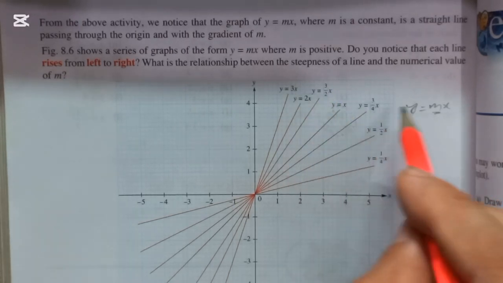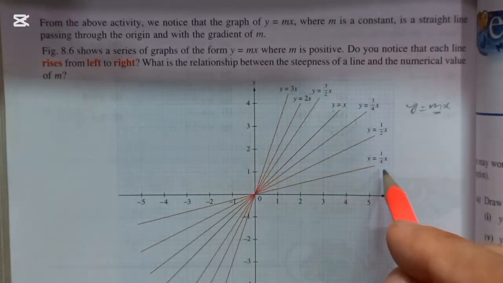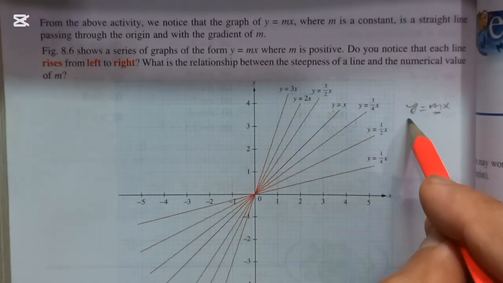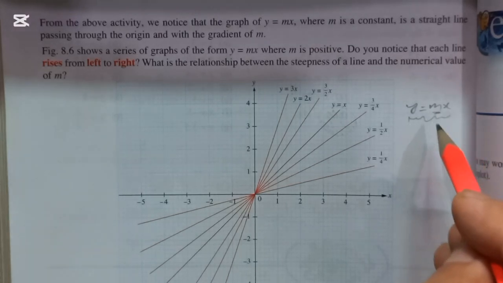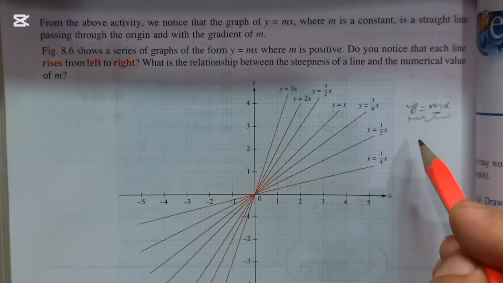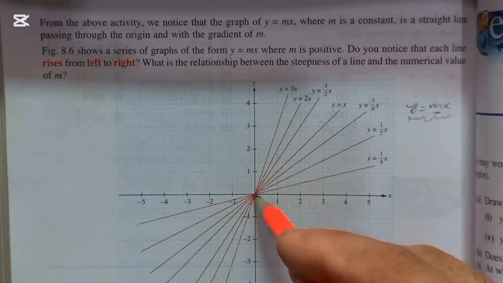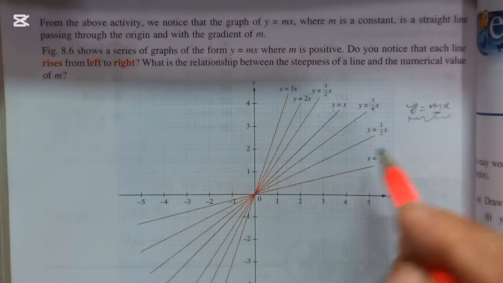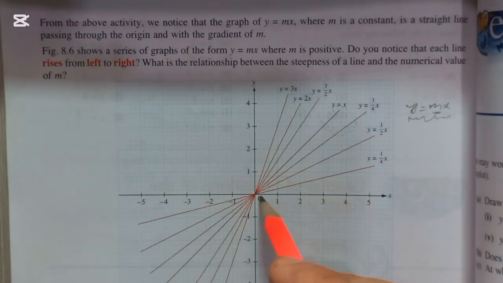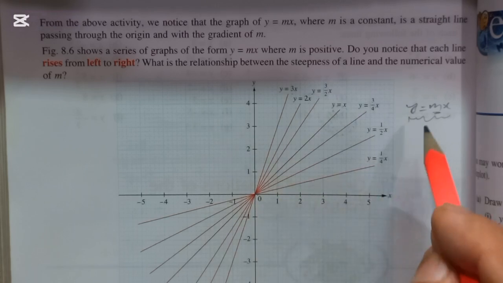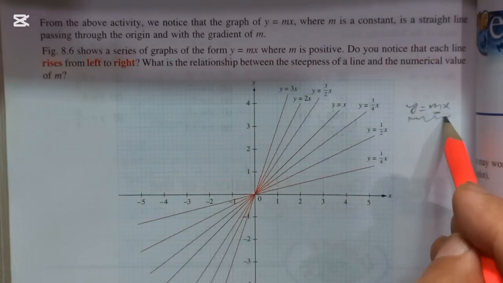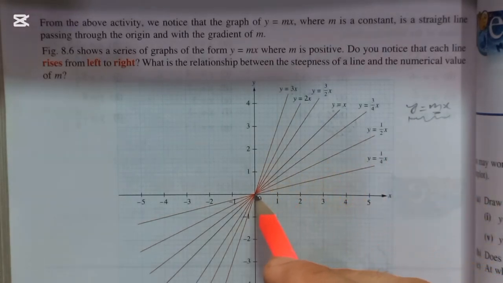If m is positive in the equation y is equal to mx, the graph will rise from left to right. The point to remember: the graph will rise from left to right, and because this is a graph of this form, the graph will pass through the origin.